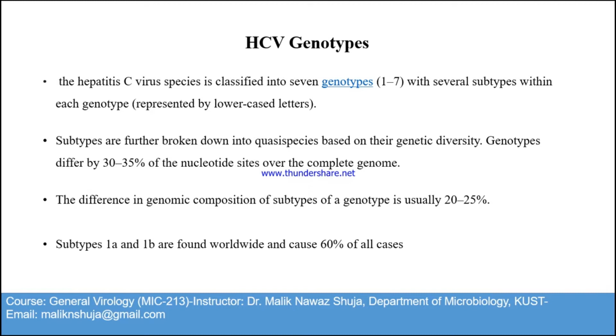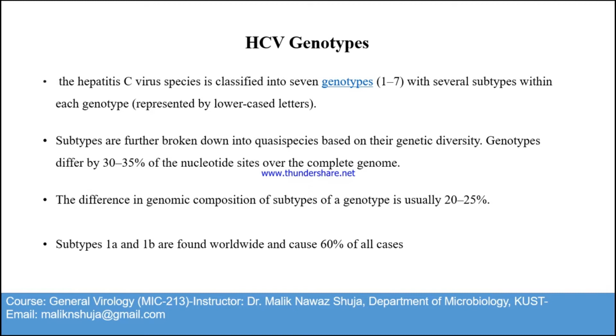I already explained that there are more than 100 species of HCV, which have been categorized into different genotypes, and these genotypes were developed on the basis of the sequences available.